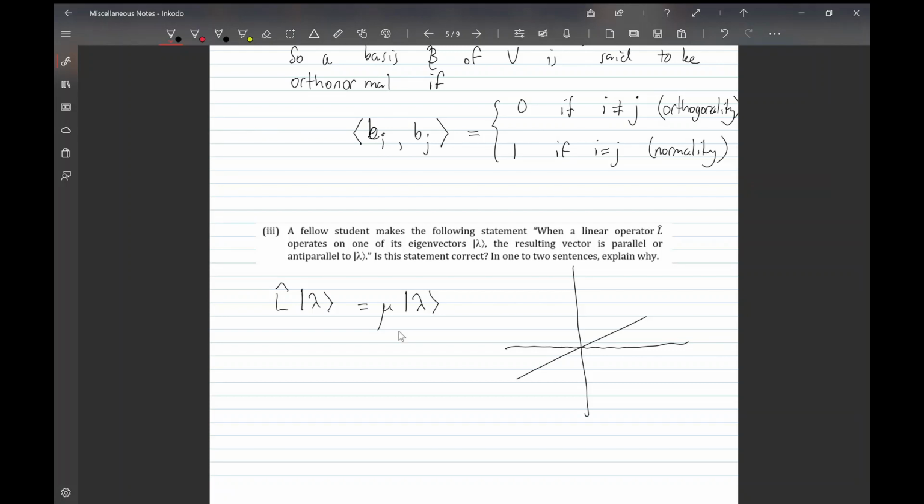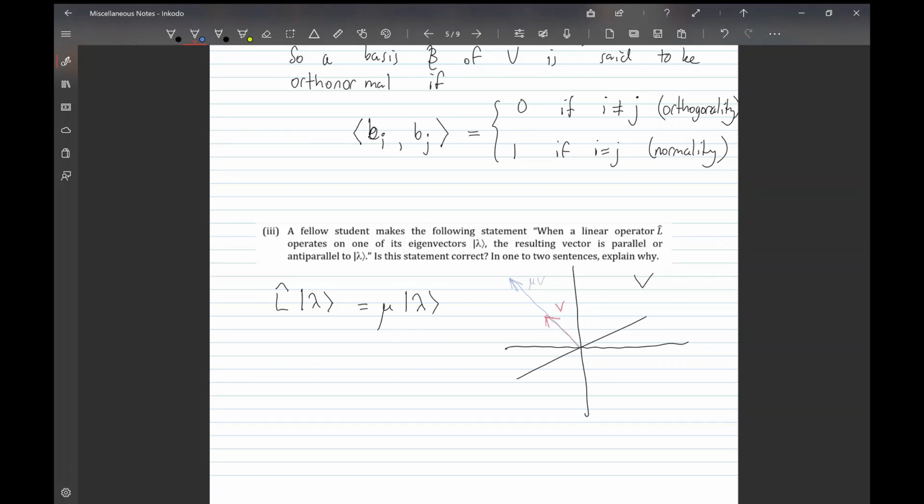The set of axes is meant to denote our vector space. Now let's consider this arrow to represent our vector v. Okay, when L acts on this vector v, if it is an eigenvector, all we will do is effectively scale it, because it's just a constant multiplied by that same vector.